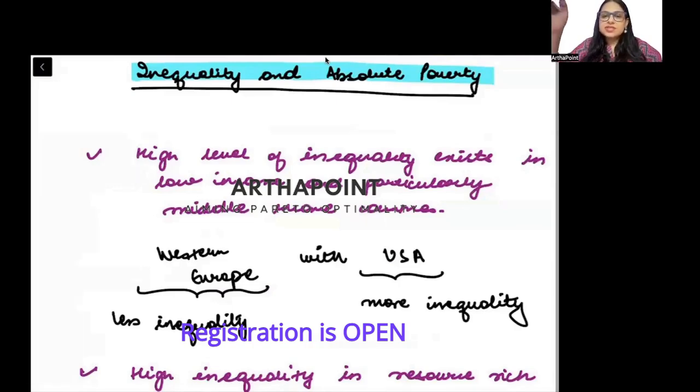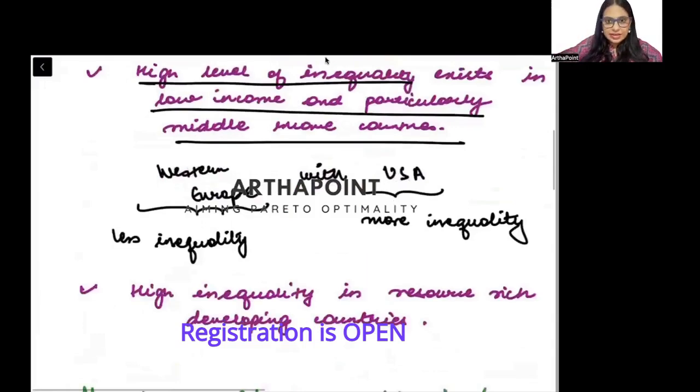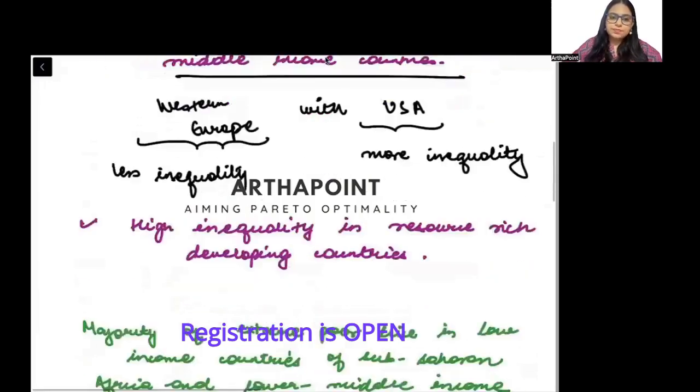Similarly, this is within one country. If I compare one country versus another, US is a very rich country. But if I compare it with sub-Saharan Africa, it is a very poor country. So there is high level of inequality. बहुत ज्यादा inequality exist करता है in terms of income and within the country also and among countries also. अगर मैं हाई इनकम कंट्री को लो से कंपेयर करूं तो भी बहुत अनइक्वल डिस्ट्रीब्यूशन है, और एक कंट्री के अंदर ही देखूं then also it is very unequal distribution.